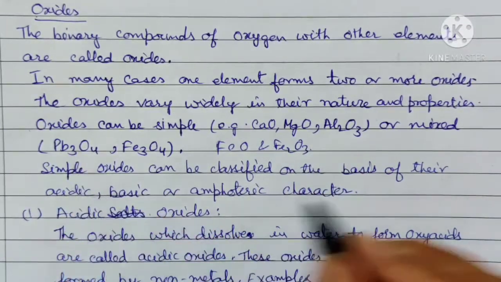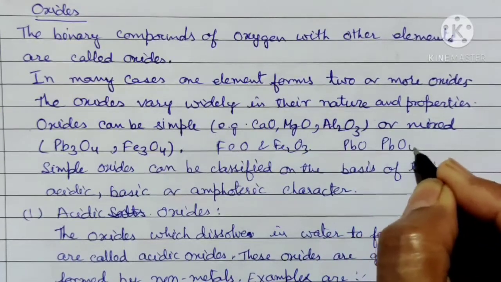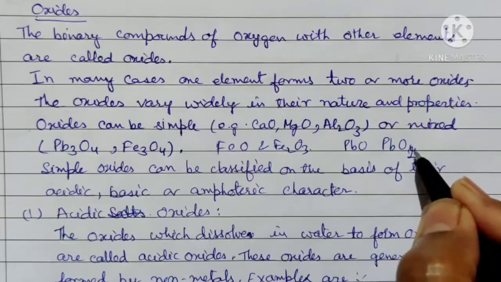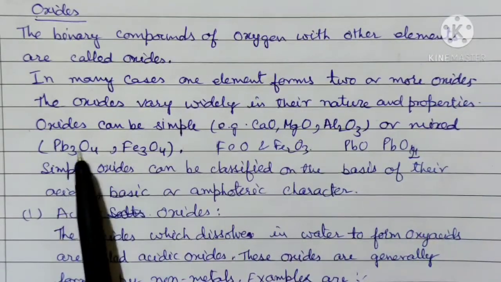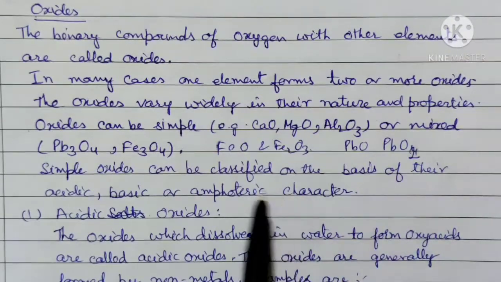Lead oxide Pb3O4 is also a combination of PbO and PbO2. In this way it is a combination of a mixture, so they are called mixed oxides.